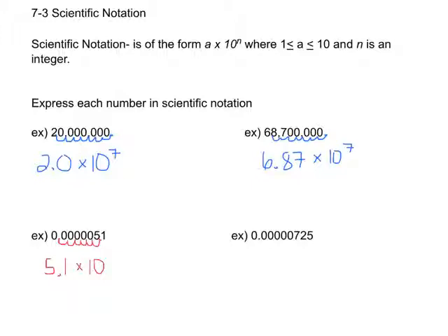And since I moved to the right, it's going to be a negative 6. For our second example, we have 1, 2, 3, 4, 5, 6. So I have 7.25 times 10 to the negative 7.